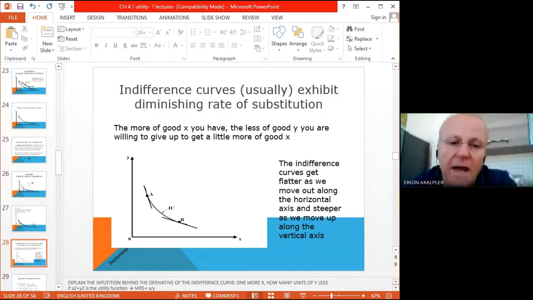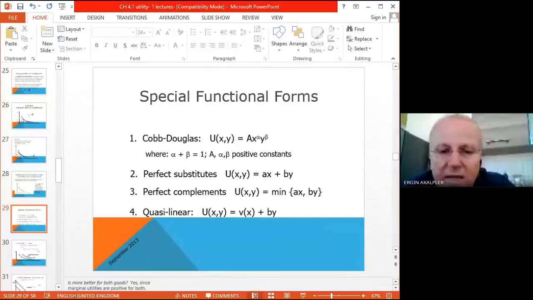Then, applying this to the Cobb-Douglas, the utility of x and y is equal to x to the power of alpha and y to the power of beta. If alpha plus beta equals 1, it implies constant returns. If alpha plus beta is less than 1, this is decreasing returns, and if it is more than 1, then increasing returns are illustrated.